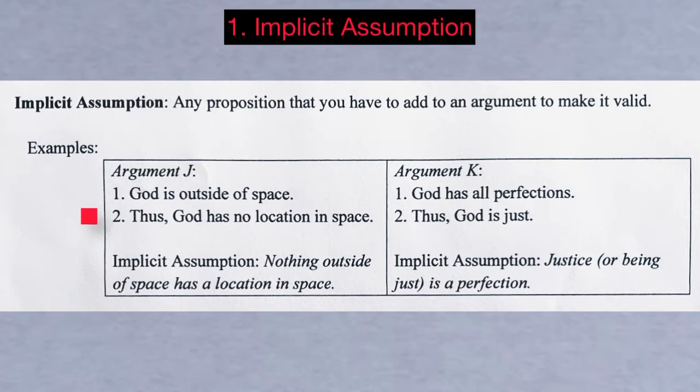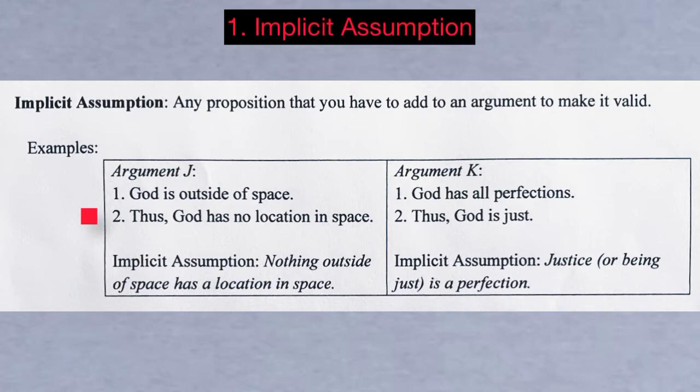There's obviously a jump between the premise and conclusion here, such that the conclusion doesn't follow from the premise. There has to be something else that you have to add to that argument to make it a valid argument. That's to say, an argument where if the premises were true, the conclusion would also be true.